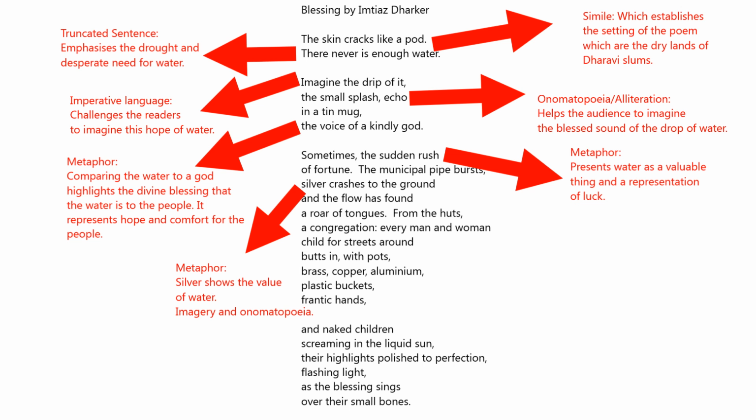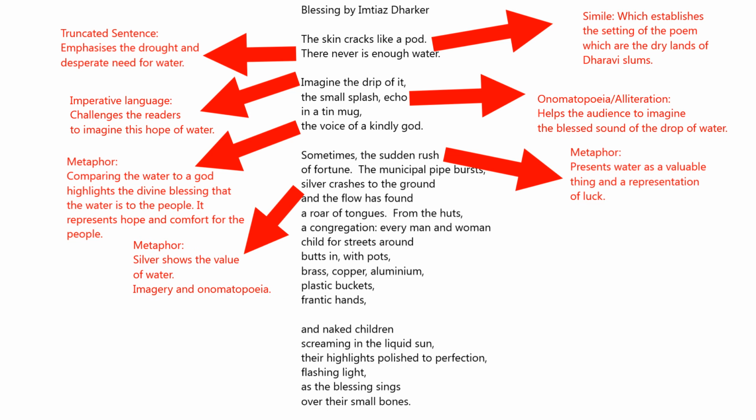Because the imagery is the silver crashing to the ground. We can actually picture the water falling. And it's onomatopoeia because of the word crashes. I tried to read it with expression as well, like crashes to the ground, to show that you can just picture it falling to the ground, which makes you thirsty in some ways.